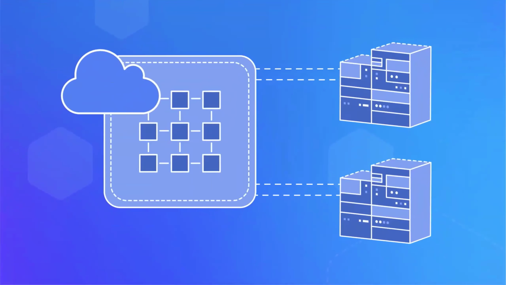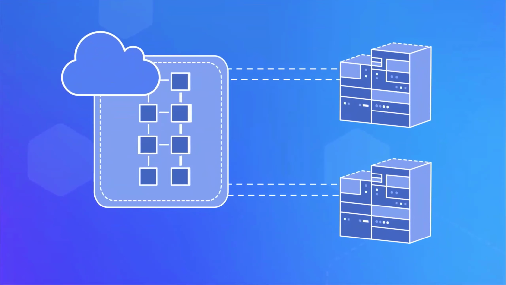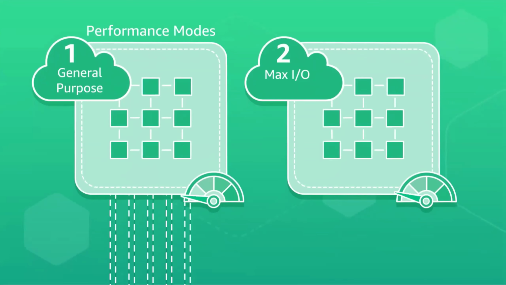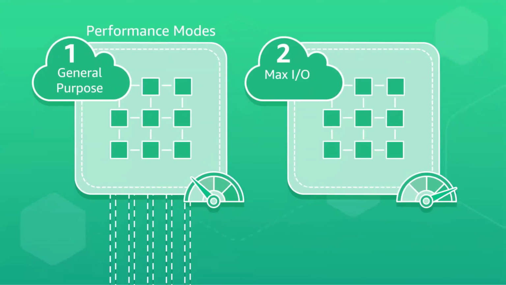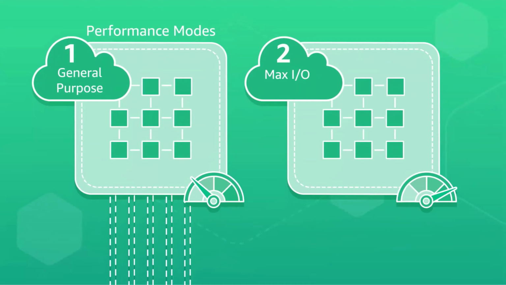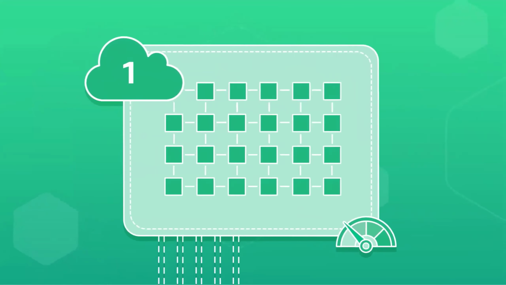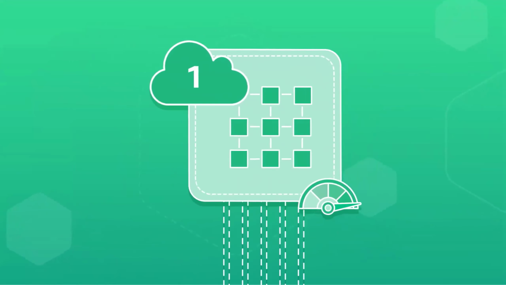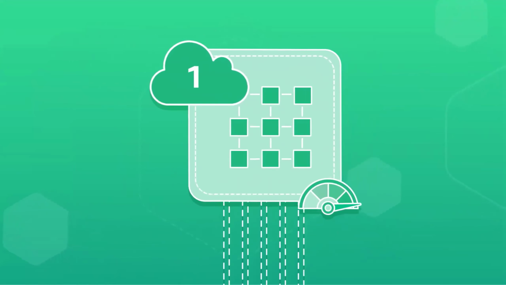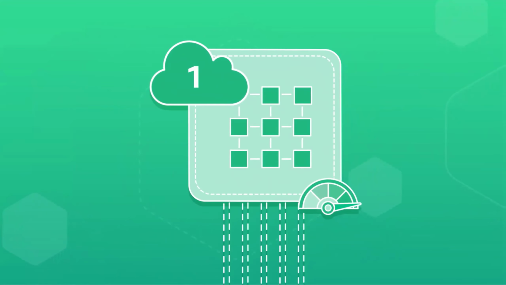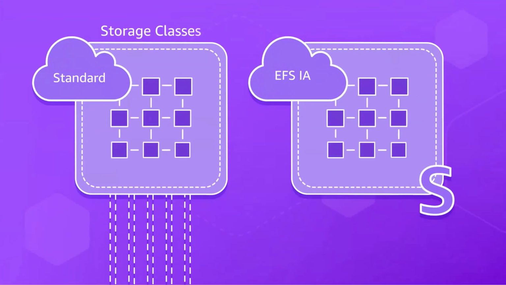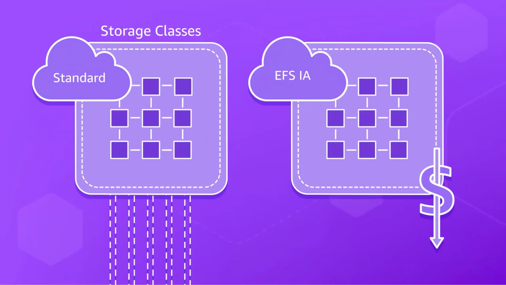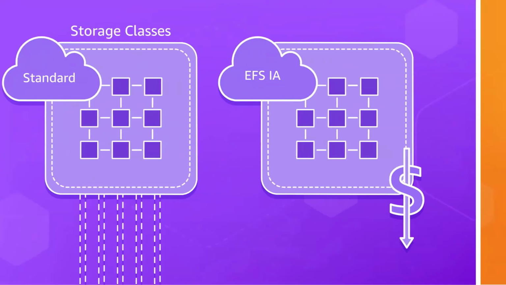EFS file systems are elastic and automatically grow and shrink as you add and remove files. You can choose between two performance modes so that you can tailor your file system performance to your application needs. Throughput for a file system scales automatically as capacity grows. For workloads with high throughput requirements and low capacity needs, throughput can be provisioned independent of capacity. For less frequently accessed data, you can configure EFS to store data in a cost-optimized infrequent access storage class.